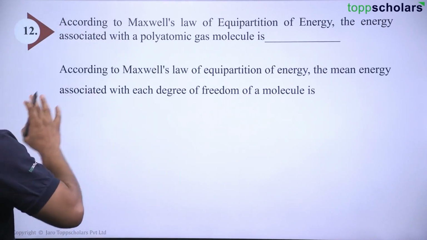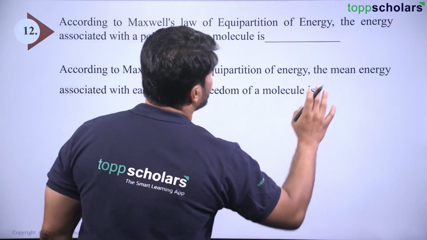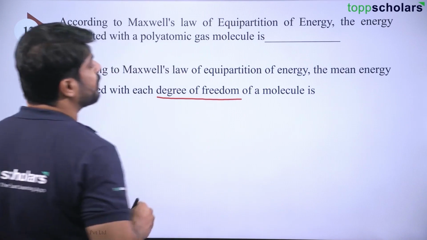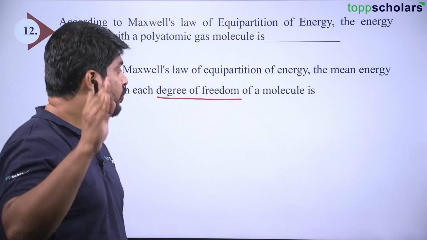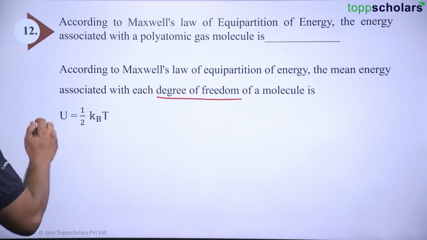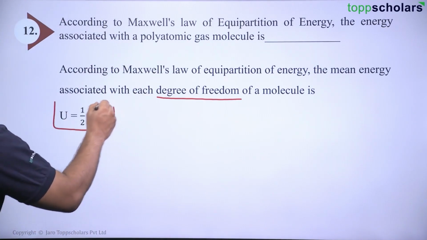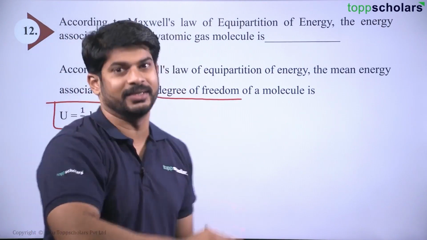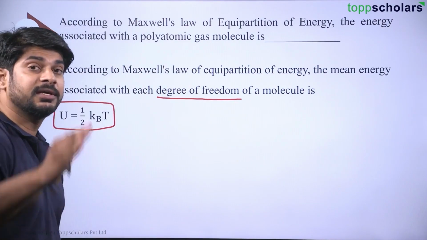According to Maxwell's law of equipartition of energy, the mean energy associated with each degree of freedom of the molecule is U equal to 1/2 kBT, where kB is the Boltzmann's constant and T is the temperature.